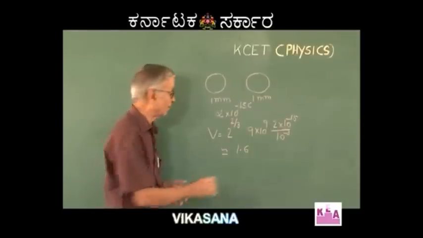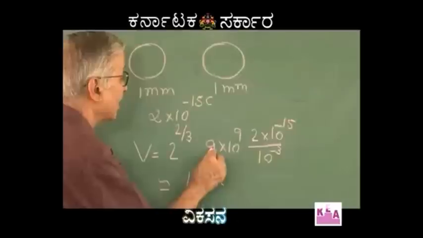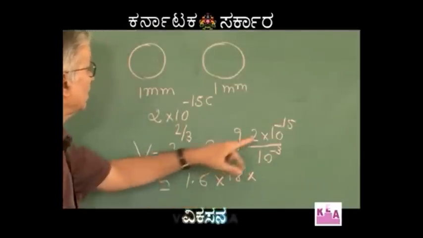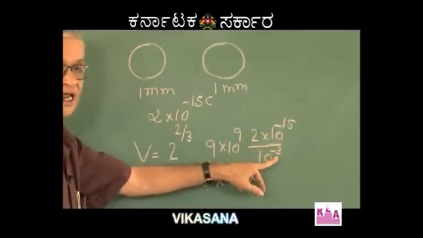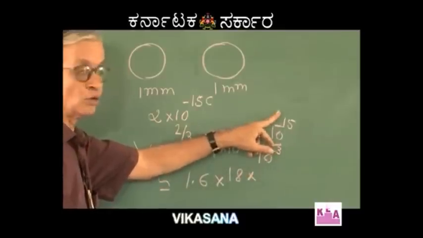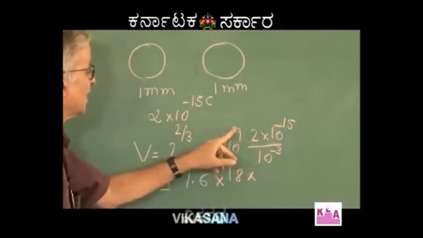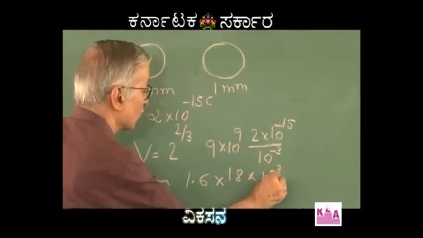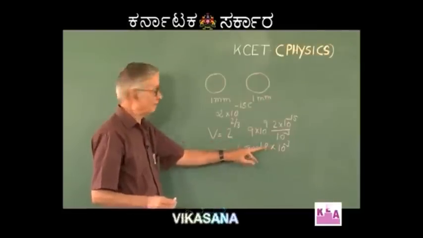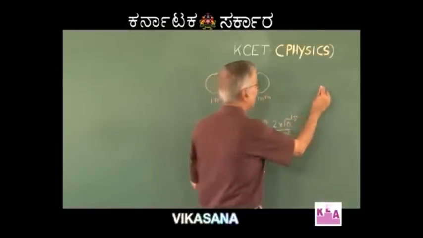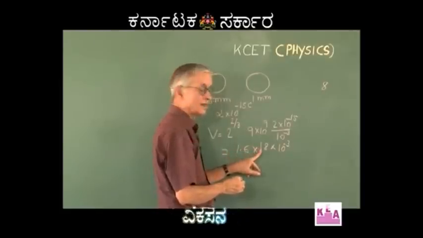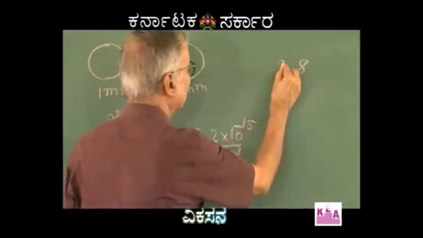Multiplied by 9 into 2 is 18, multiplied by 10 raised to minus 15, 10 raised to minus 3 will give you 10 raised to minus 12. 10 raised to 9, 10 raised to minus 12 will give you 10 raised to minus 3. Calculating this one, 16 8s are 128, 12, 16 into 1, 16 plus 12, 28.